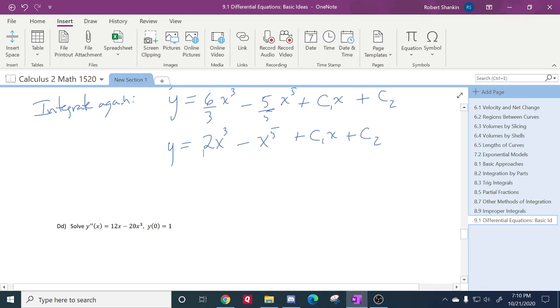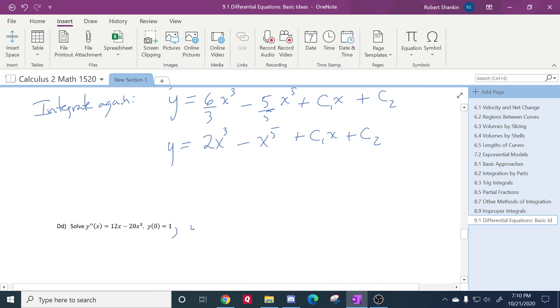Thus, an initial value problem like this is never given. If it's solve a second order differential equation, you have to be given two initial conditions.